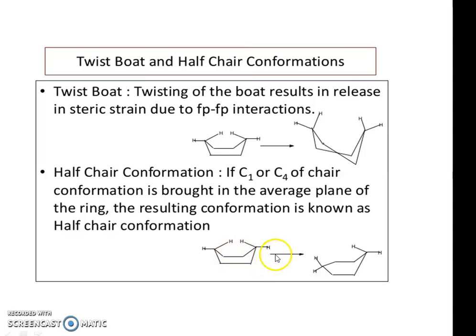So this is how it is obtained. C1 or C4 is forcibly brought to the plane of the ring, and whatever conformation is obtained is called the half chair conformation.